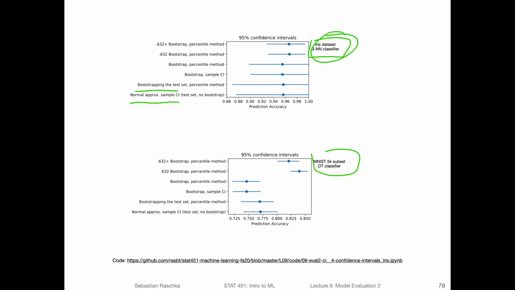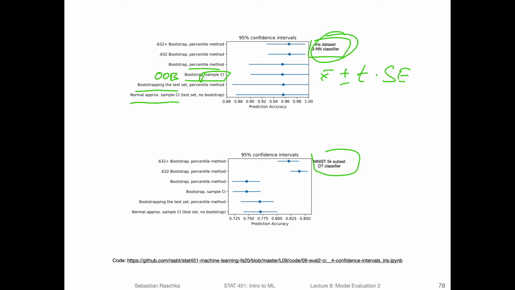Then I have the bootstrapping of the test set, and here I have our out-of-bag, the regular bootstrap, but using the sample confidence interval method, like if we have the sample mean, let's say x bar plus minus t, you can also use z if you want to, times the standard error. And here, same thing with the percentile method, and you can see they are, as expected, almost identical.